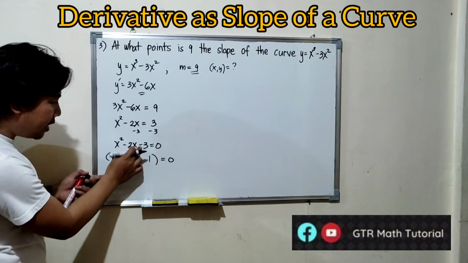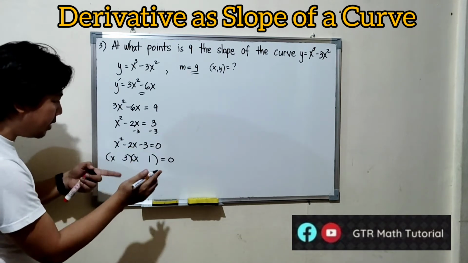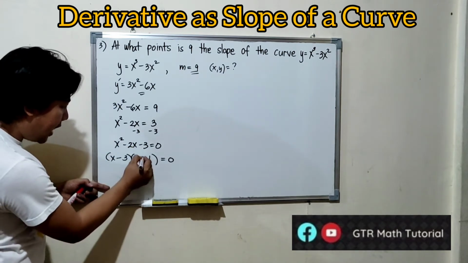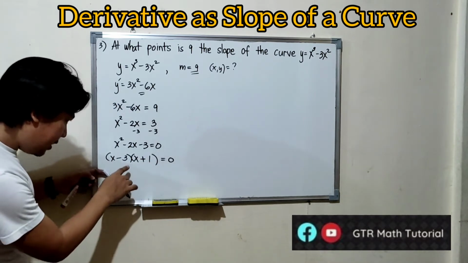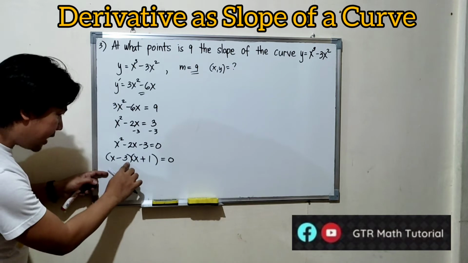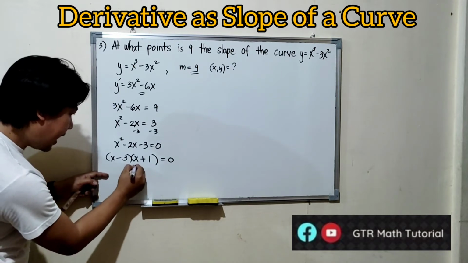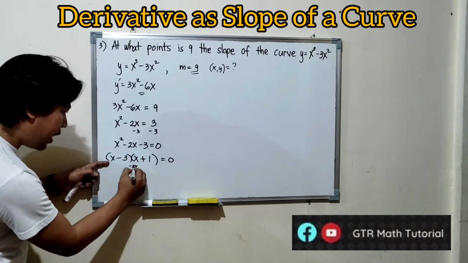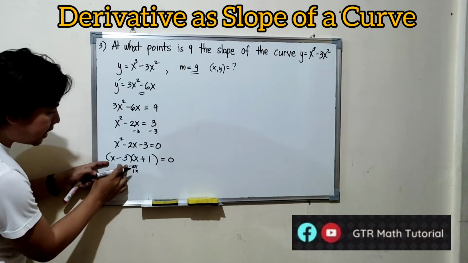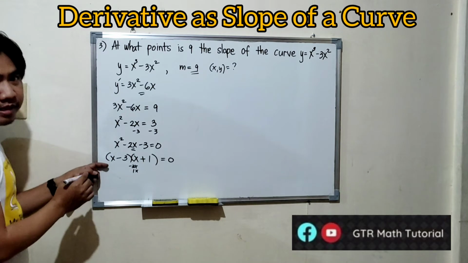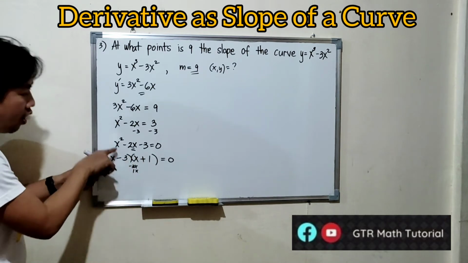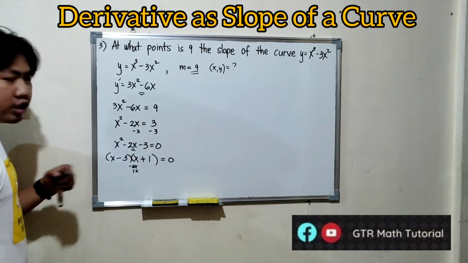Since we have negative 3, 1 negative and 1 positive, so we have negative 3 and positive 1. If we multiply the inner, we have negative 3x, and then the outer, x times 1, we have 1x. If we add that, negative 3x plus 1x will give us negative 2x. So therefore, this is the factor of x squared minus 2x minus 3.